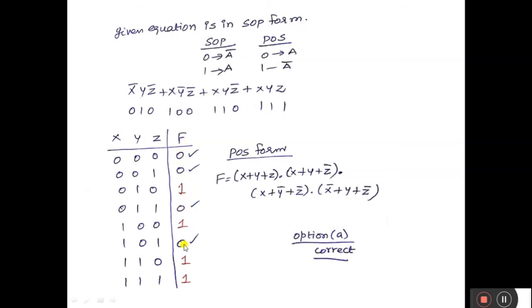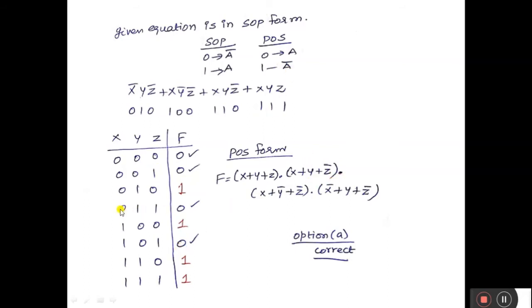The question asks for POS form, so the 0s are necessary for us. For the 0s present here, I can write POS form directly as per this concept: 0 represented as A, 1 represented as A bar. So I can write x plus y plus z, dot x plus y plus z bar, because 1 means A bar, dot.